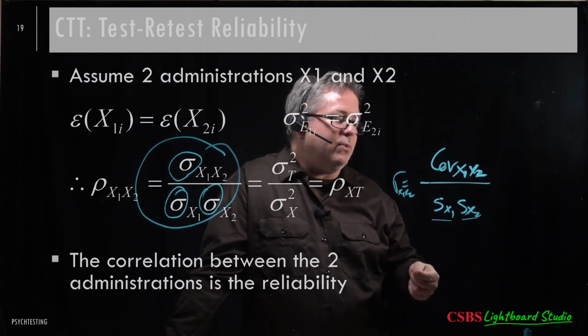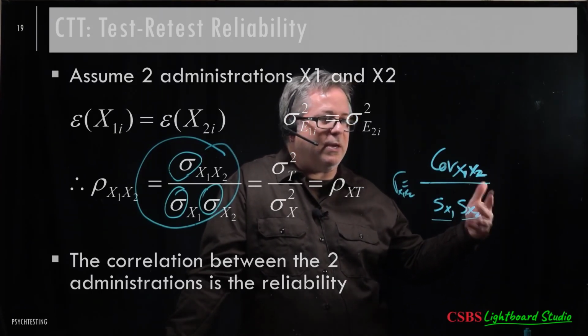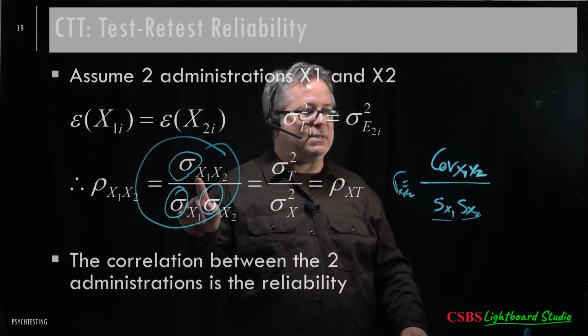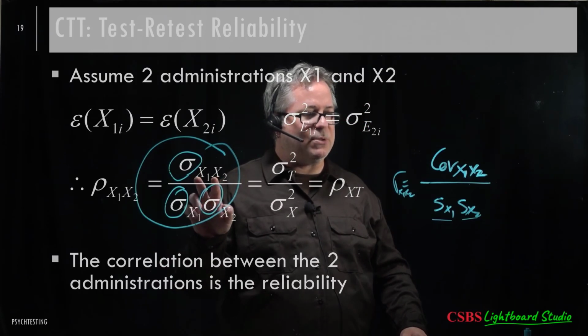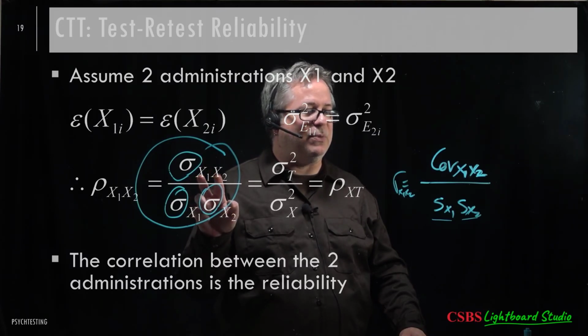In this case, what we're doing is identifying what part is actually error, what part seems to be random noise. Because if we correlate the same test at time 1 and time 2, and we find that it has a correlation of 0.8, that tells me that there's 20% of the variability that these tests do not share.